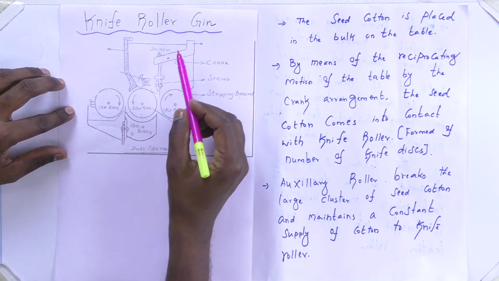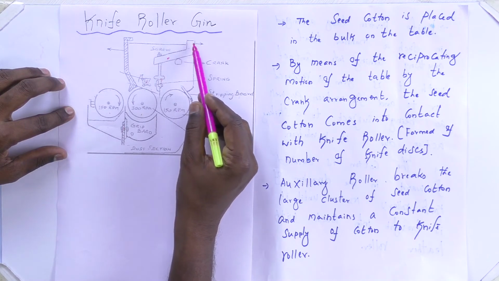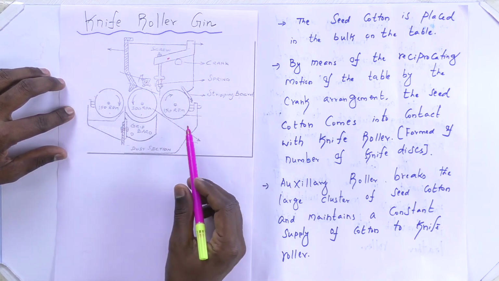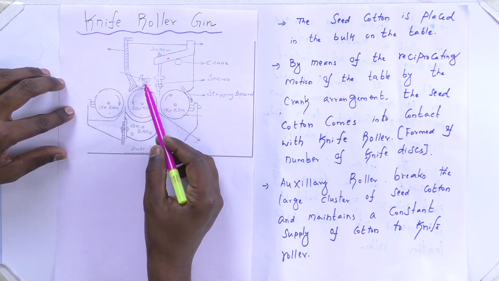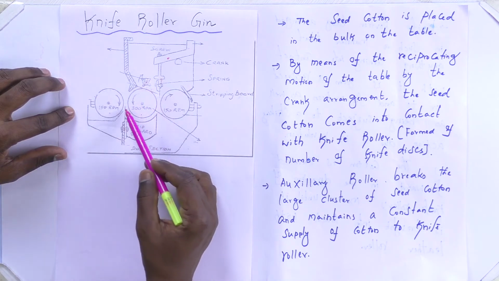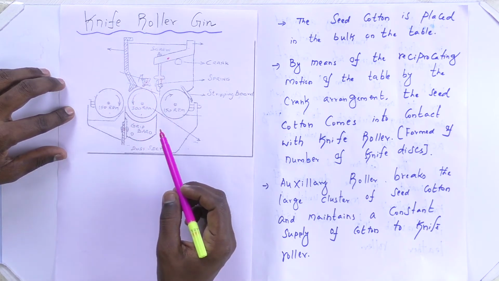The purpose of the feed table is to feed the material. The purpose of the axillary roller is to maintain a constant supply of cotton to the knife roller. The knife roller consists of a number of knife discs.